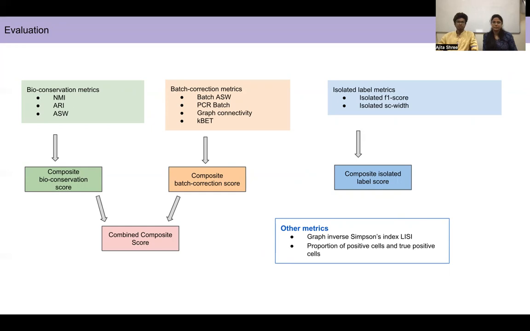On these two metrics, batch correction and bioconservation, we have a combined composite score. The isolated label score, which was introduced for rare cell types, has an isolated F1 score and an isolated silhouette width. On the other hand, we have other metrics such as graph cLISI and the proportion of positive cells and true positive cells.